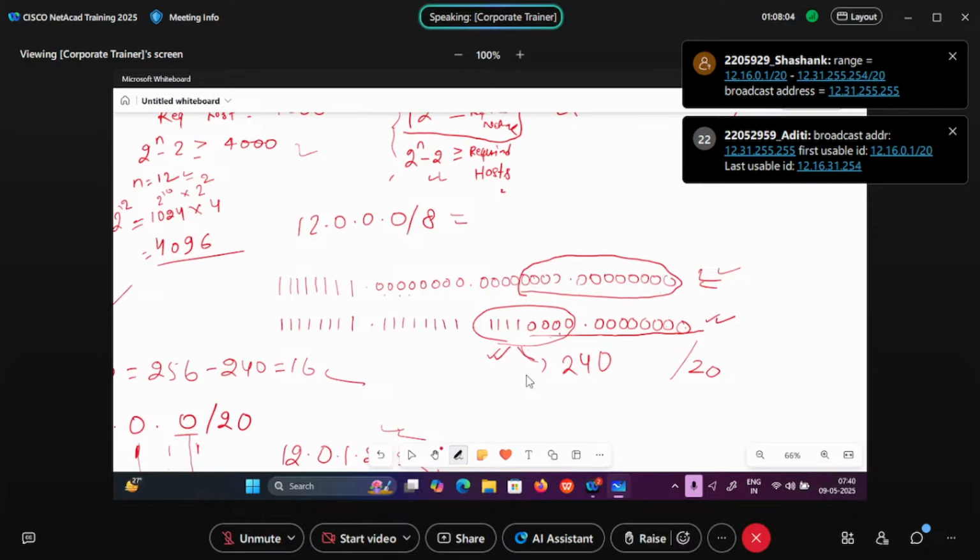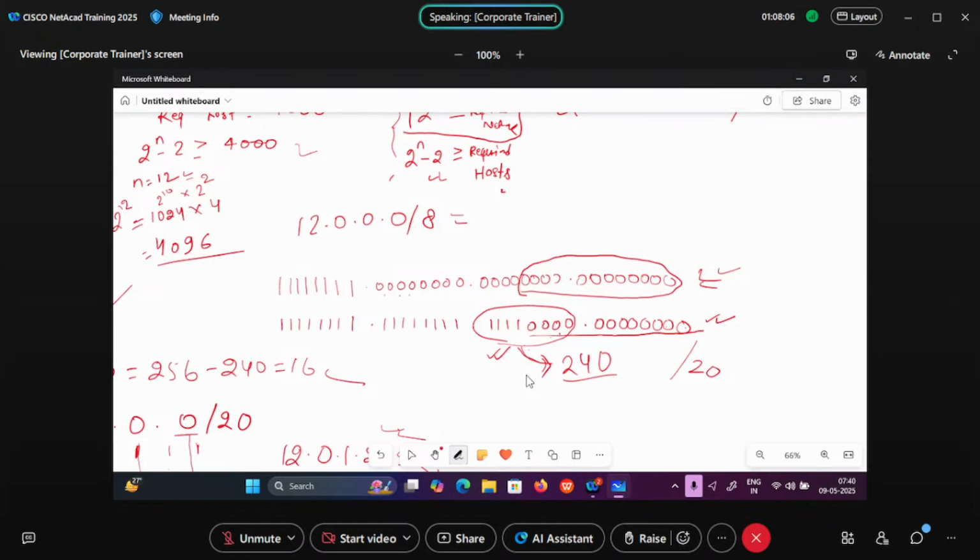You have to convert this changed value into its decimal equivalent. Write 2 raised to the power 0, 1, 2, 3, 4, 5, 6, 7. Multiplying with the 1s: 2 raised to the power 7 into 1, plus 2 raised to the power 6 into 1, plus 2 raised to the power 5 into 1, plus 2 raised to the power 4 into 1.